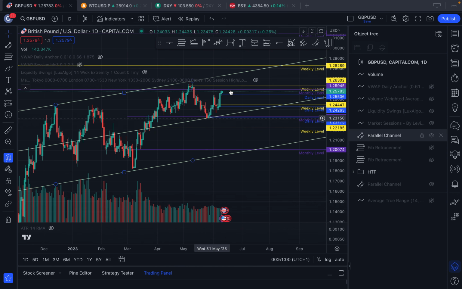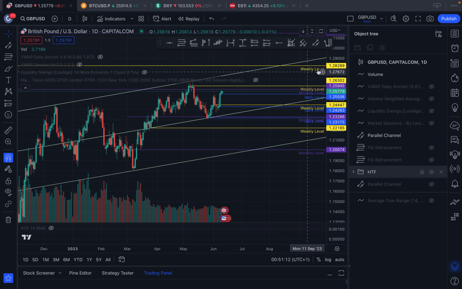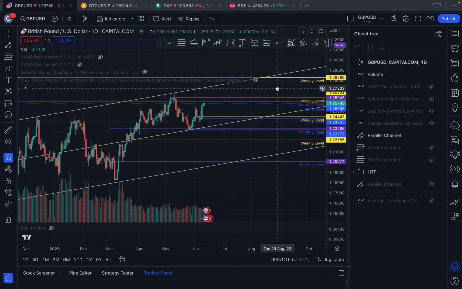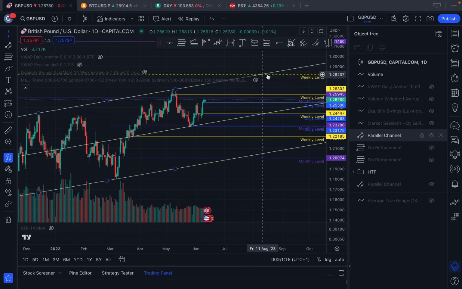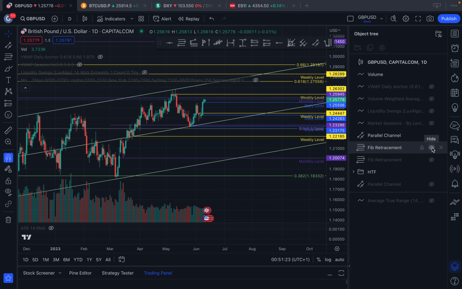Look at that, and then we could potentially go to the top of the channel. Again, that 1.26 level, go above it, go perhaps just below the weekly. This weekly, actually 1.28, looks more and more healthy now because the 1.28 is the top of the channel. It is, if we turn on the fib retracement, just above the 618 on the really high time frame.